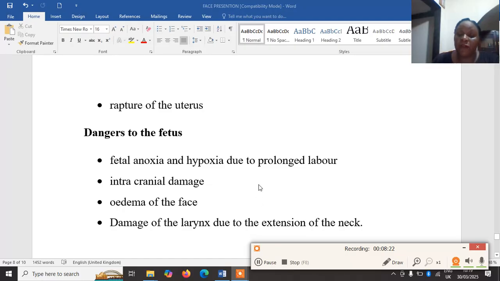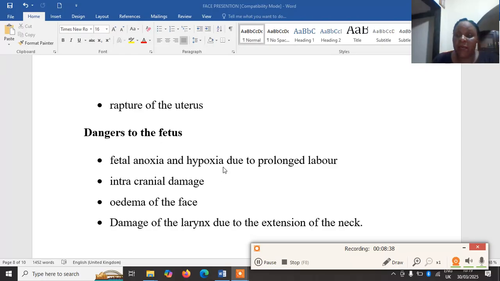To the baby, of course, we shall get fetal hypoxia due to prolonged labor, intracranial damage, edema of the face, and even damage to the larynx due to extension of the neck.